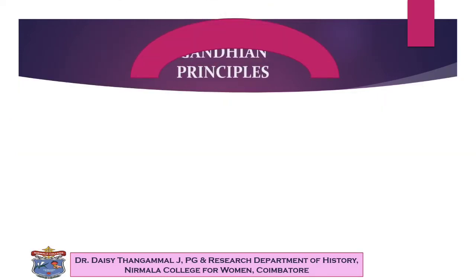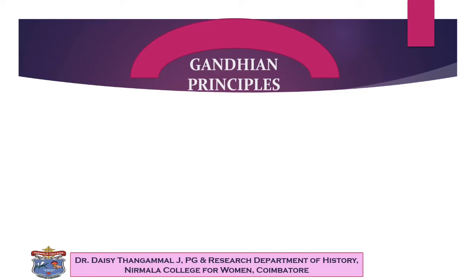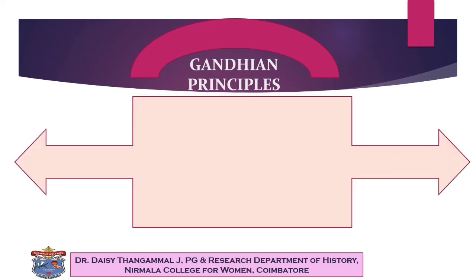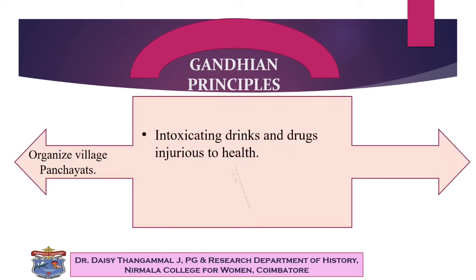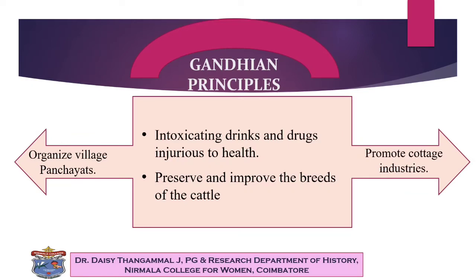Then the Gandhian principles: organize village panchayats, prohibit intoxicating drinks and drugs that are injurious to health, preserve and improve the breeds of cattle and other animals, promote cotton industries in the rural areas.